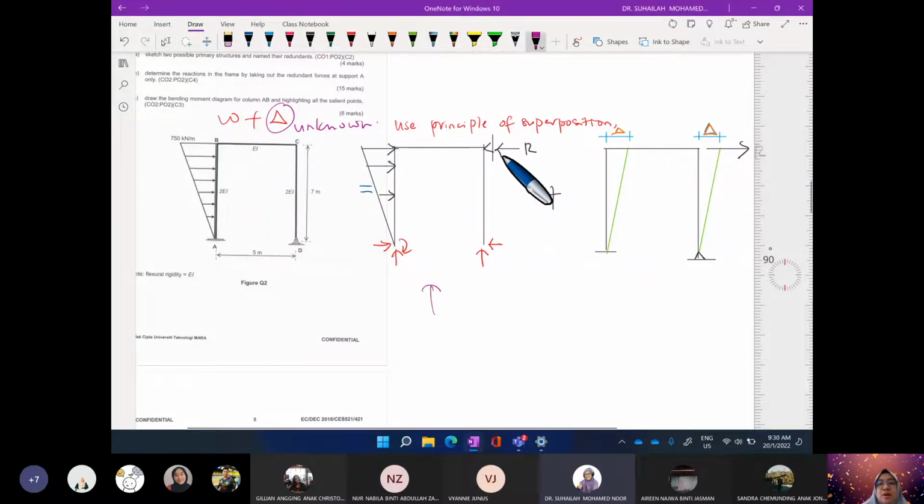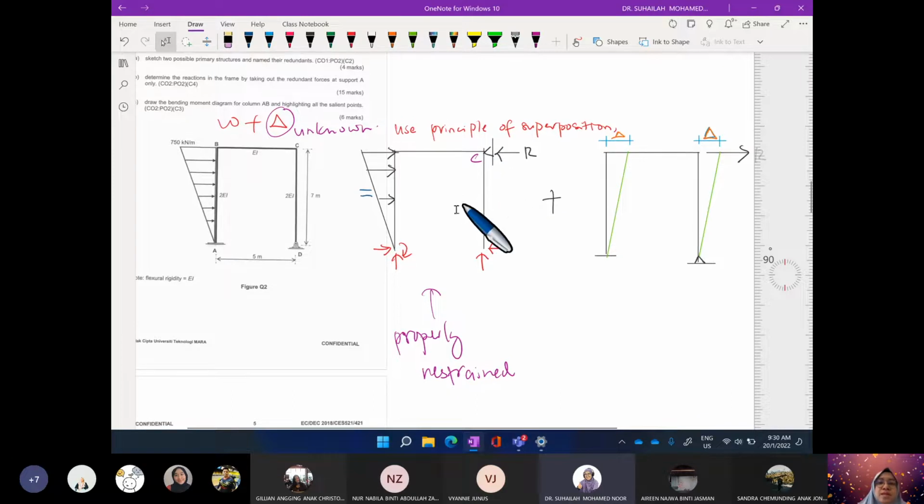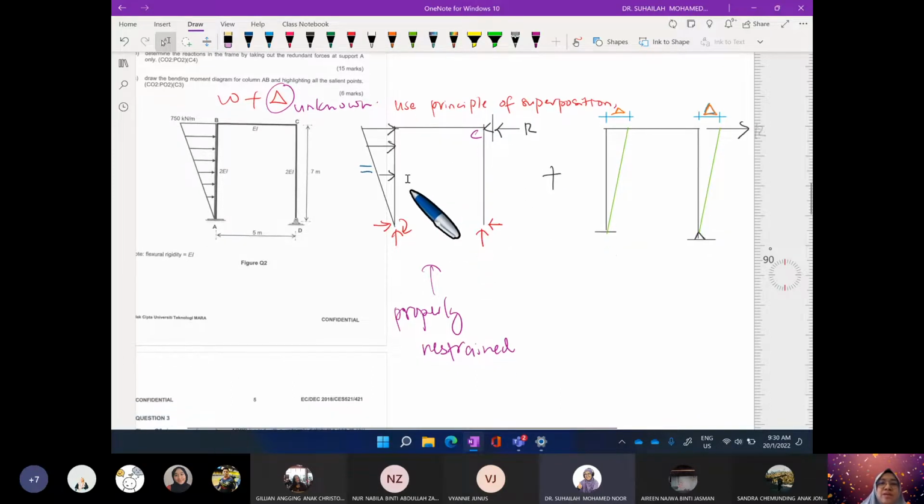So this one is now a properly restrained frame because we have brought in the restraining force with an artificial support that we put at C. So with this condition, this frame only has W. And in order to fulfill the principle of superposition, we have to neutralize the R. So we have another frame which only has delta.